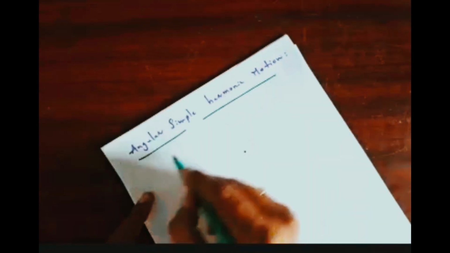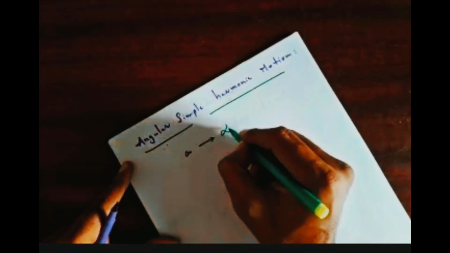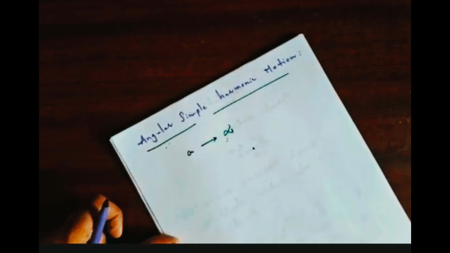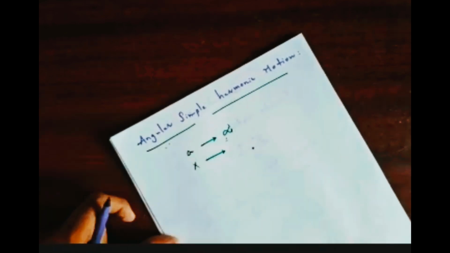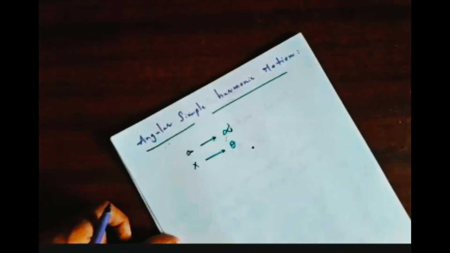Angular means the body is in rotatory motion. Previously it was linear, and that's why we considered linear acceleration and linear displacement, a and x. Now those two are replaced. A represents linear acceleration, alpha represents angular acceleration. X, linear displacement, is replaced with angular displacement, theta.